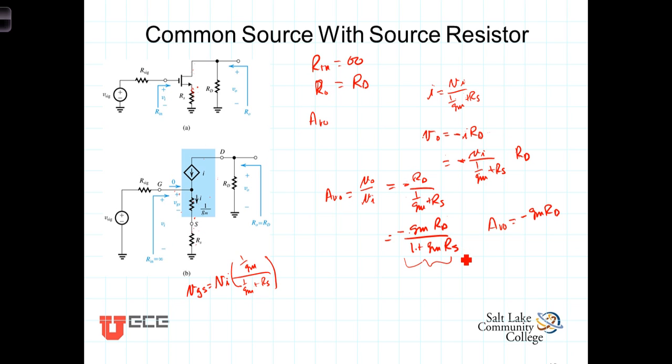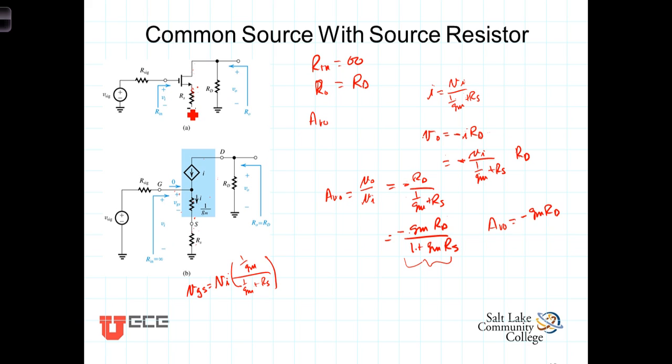And if R sub S equals 0, the gain would be the same as for the common source amplifier without the source resistor. As we've seen in the past, the price of the negative feedback is that we have a reduced amount of gain available to us.